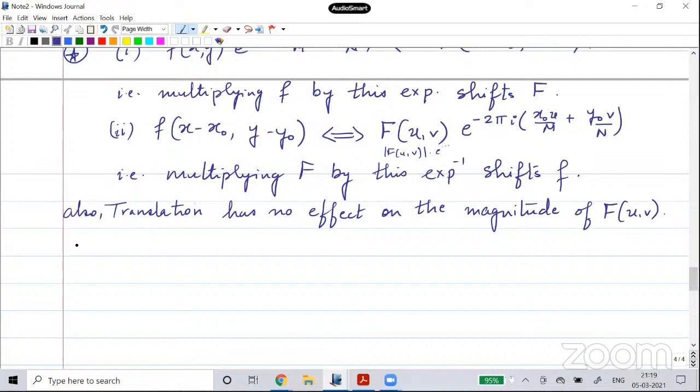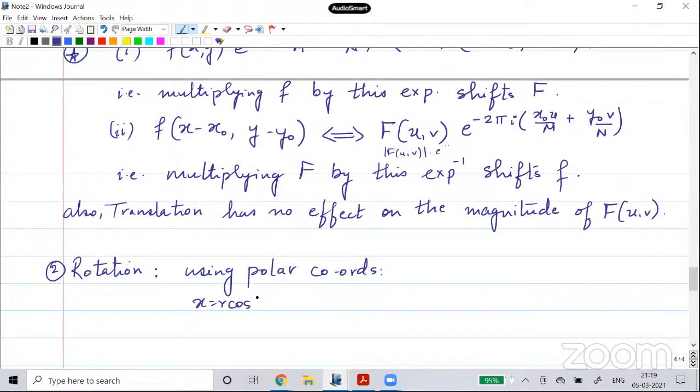Then the next property I want to talk about is rotation. So you can consider polar coordinates on both sides. x equals r cos theta, y equals r sin theta for the x,y variables. And for the u,v variables, let's consider u equals omega cos phi and v equals omega sin phi.